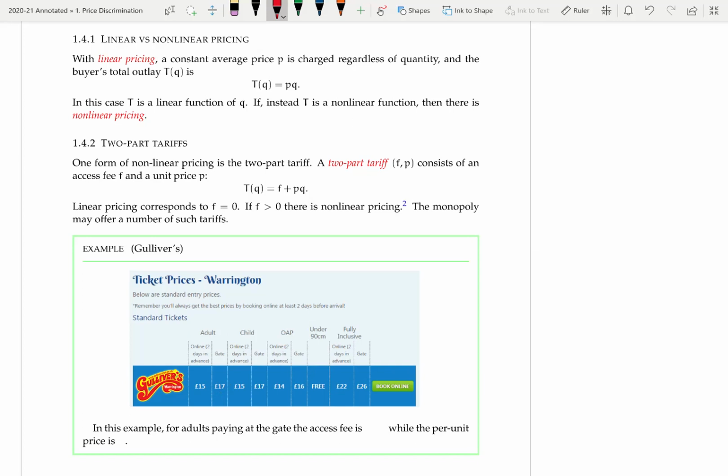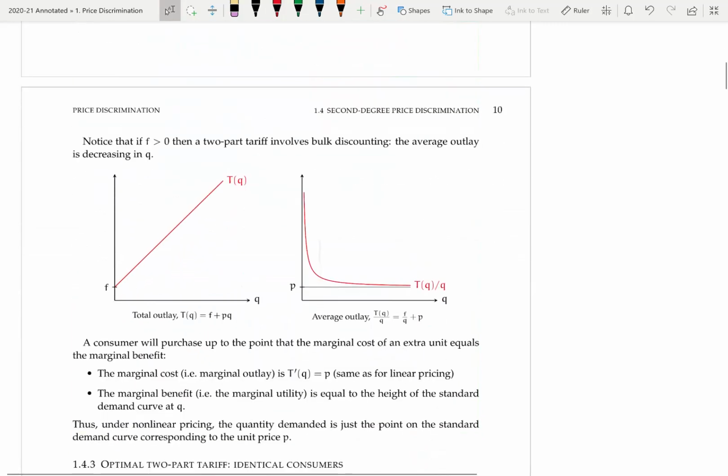In this example, the access fee is £17 and the per unit price is 0. There's no price charged per ride. It's just a flat fee of £17 to enter the park. So this is a very simple example of a two-part tariff.